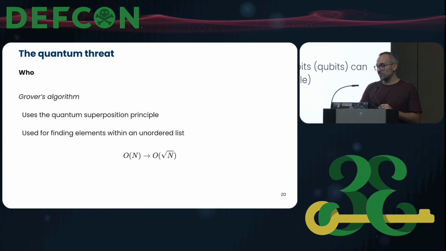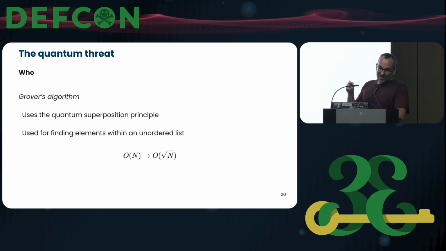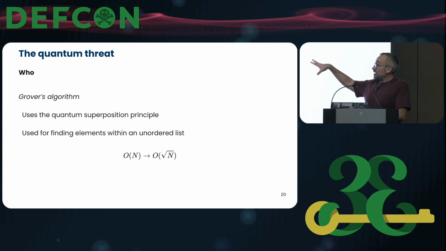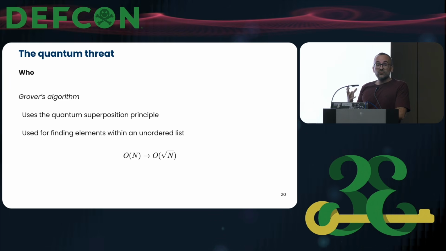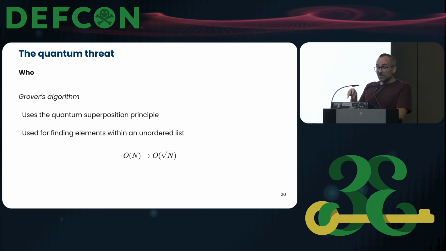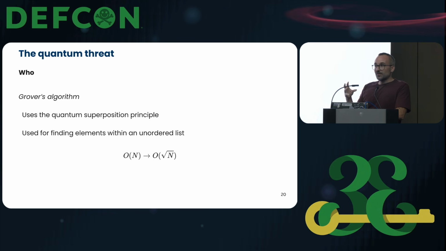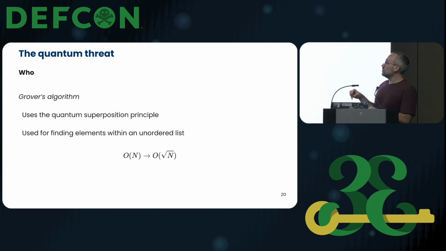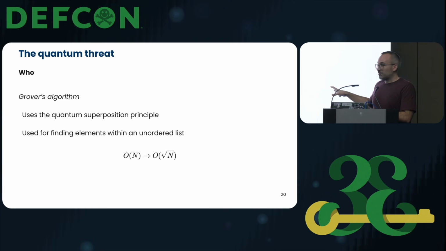The quantum algorithms that are related to cryptography are Grover's algorithm, which uses the quantum superposition principle and helps us find elements within an unordered list. Summarizing, if we have a set of solutions of length n, the set of solutions is reduced to the square root of n, which is great.